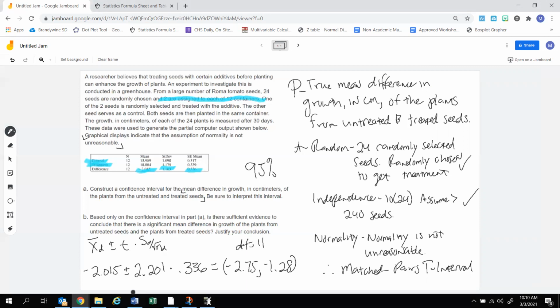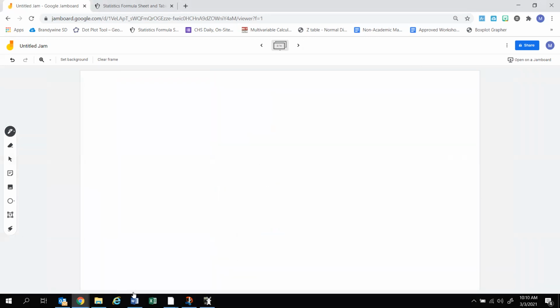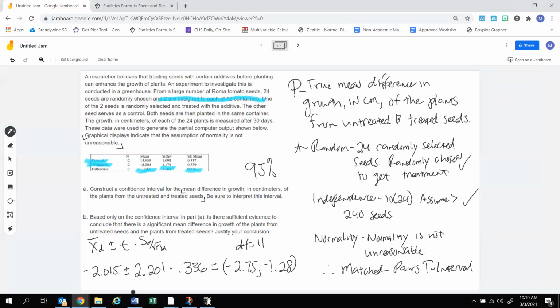And then finally, we have to interpret it. For the interpretation, once again, take this directly out of the stem of the question: true mean difference in growth in centimeters of the plants. So you're going to use that.